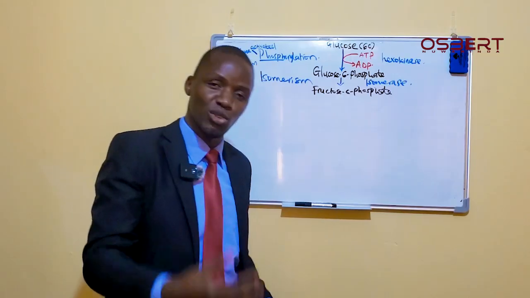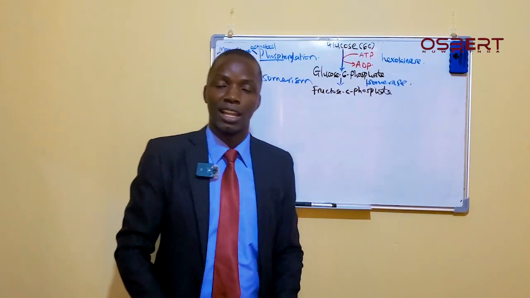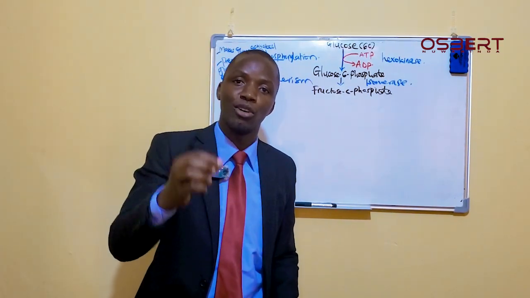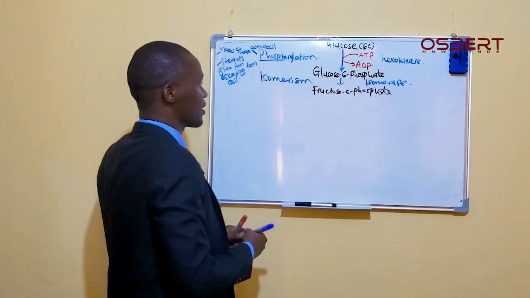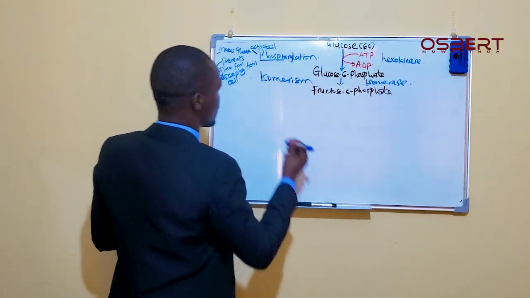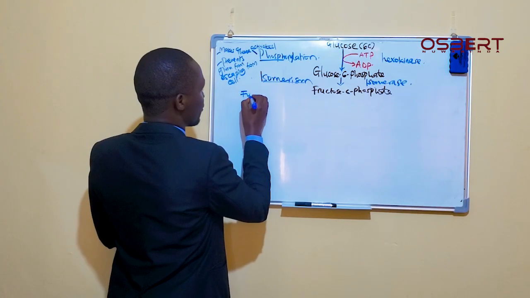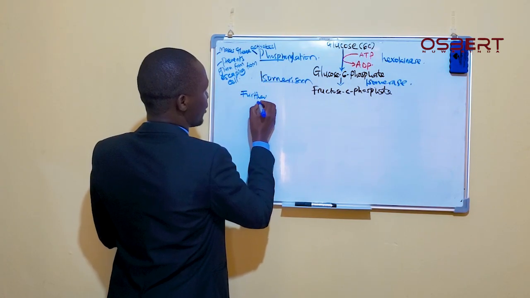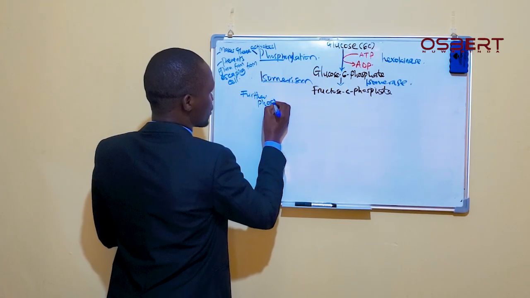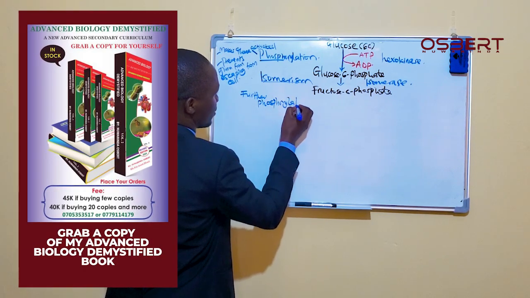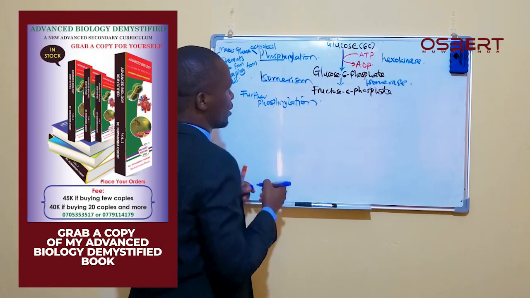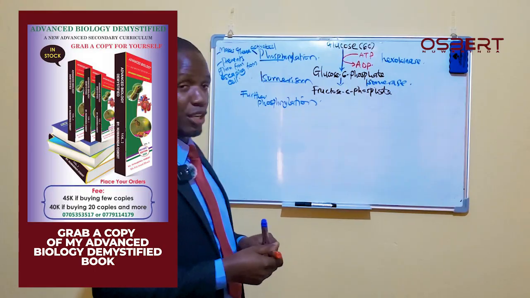Now, when we have got fructose 6-phosphate, we are saying it does not stop there. It also undergoes another reaction, and this reaction is further phosphorylation. So this fructose 6-phosphate undergoes another stage which we are calling further phosphorylation. And when it undergoes further phosphorylation, what happens?